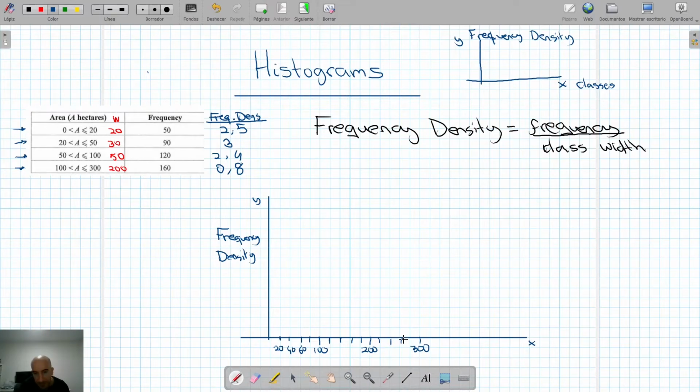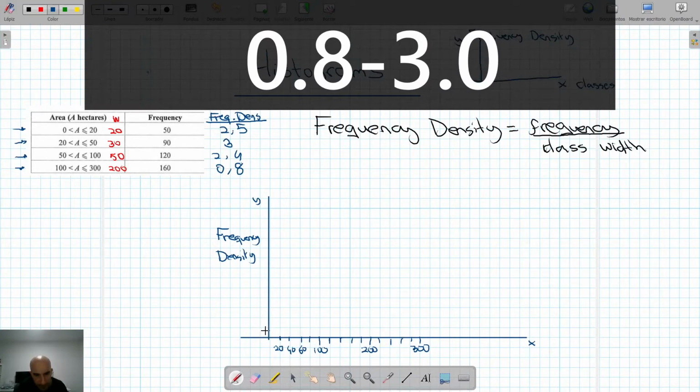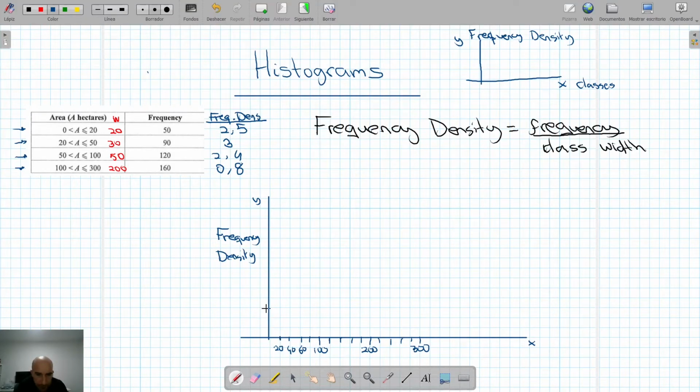Remember that you have to choose the appropriate divisions on your x-axis and your y-axis. Now on our y-axis, we have values from 0.8 to 2.5. So we're going to make our y-axis higher, and we're going to put 0.2, 0.4, 0.6, 0.8, 1.